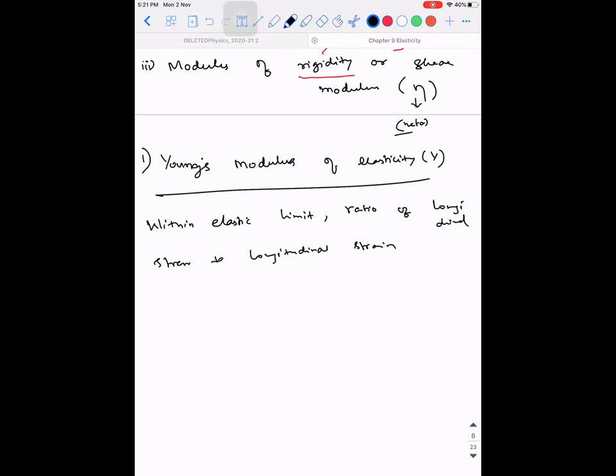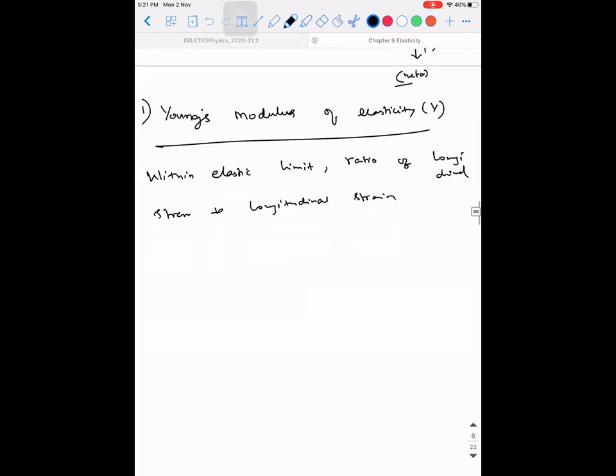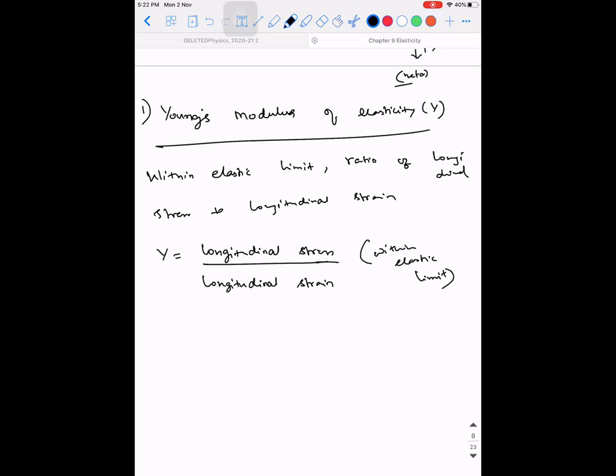So you write it like this: Y is equal to the ratio of longitudinal stress by longitudinal strain, within elastic limit.